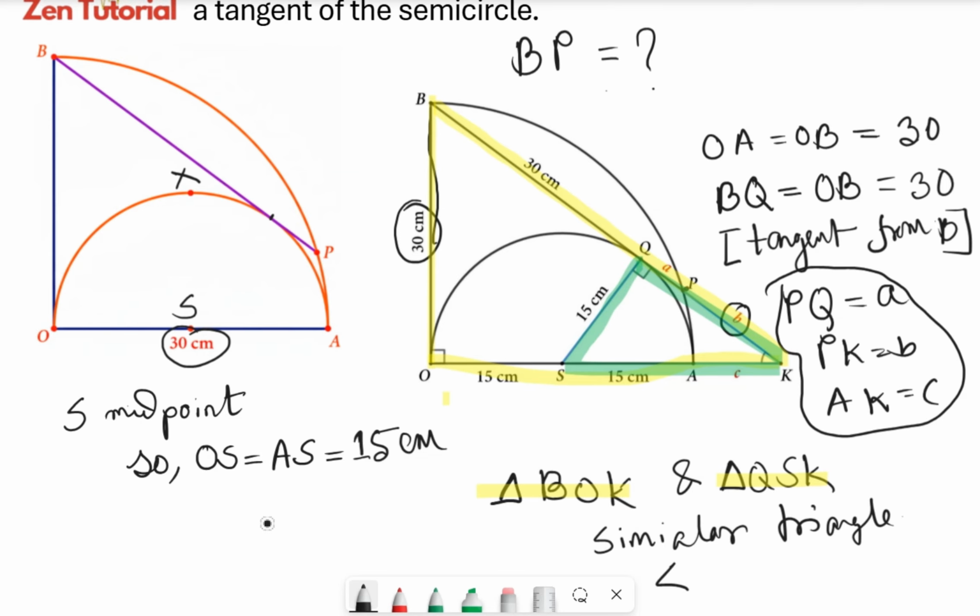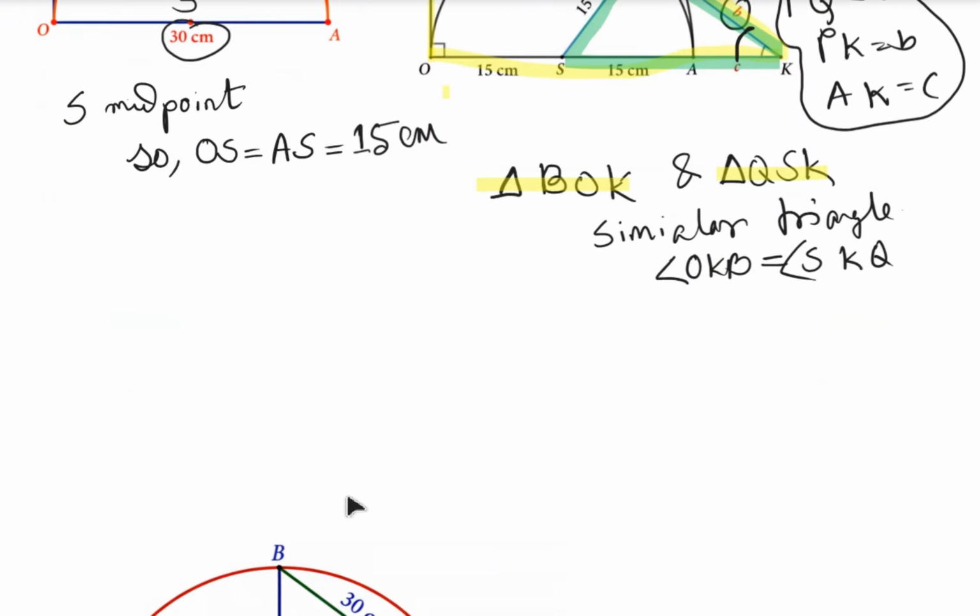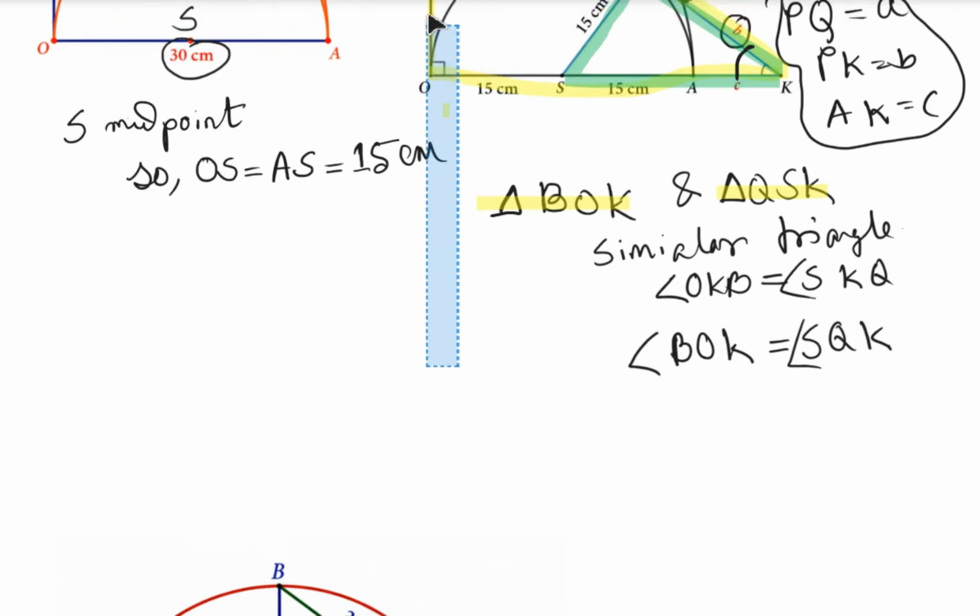Why? Because angle OKB is this one, which is equal to angle SKQ. These two angles are equal, so these two triangles are similar, and of course the angle BOK is equal to angle SQK. Let's have a look.